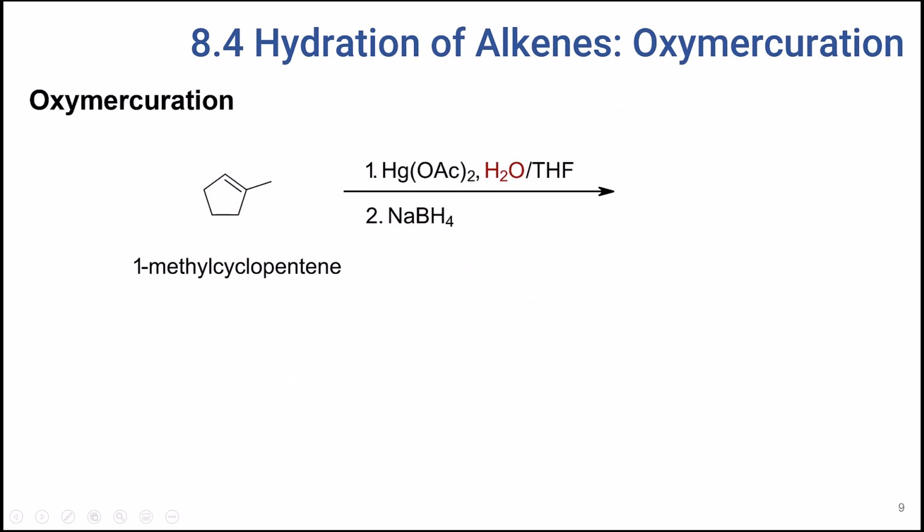In an oxymercuration reaction, we're going to add water across the double bond to give us an alcohol. This is a Markovnikov product. There's no rearrangements possible. And remember that a Markovnikov reaction is where the OH is going to go to the more substituted side of the alkene.